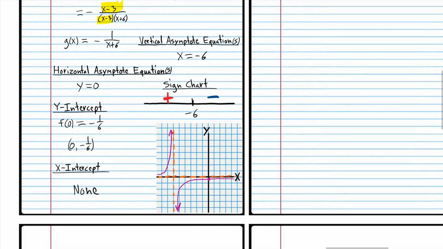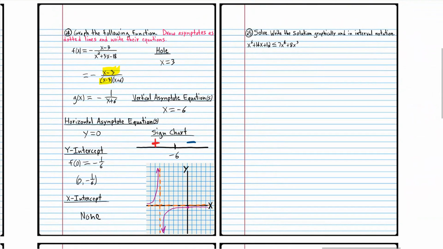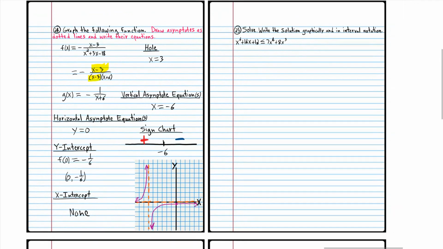And you can get more accurate if you really want to plot some more points, but I don't require you to do that. We need arrows on both sides of these curves there. So that's number 24. That's pretty much all you need.